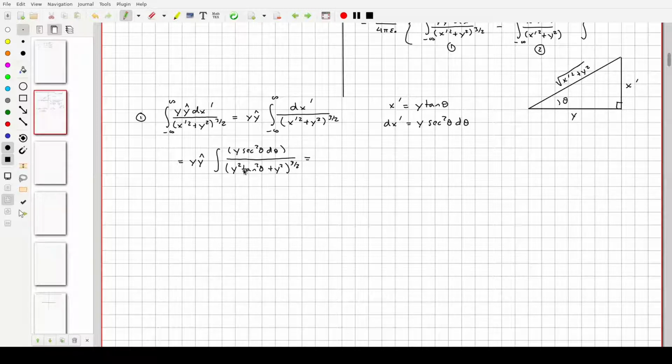But if you look at the denominator, there's a y squared here and a y squared here. I want to pull these out. When I do that, I'm raising y squared to the 3/2 power. The half part is going to take the square part and make that be 1, which means I'm stuck cubing it. So when I pull that out, that becomes a y cubed. I'll have a y squared on the top and a y cubed on the bottom. And when you cancel things out, you have a 1 over y.